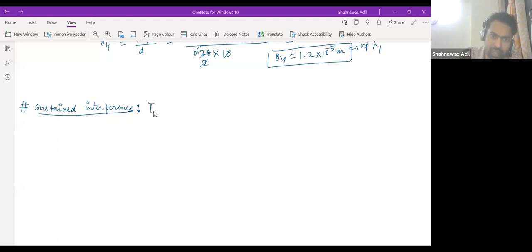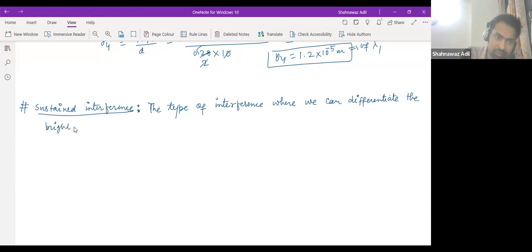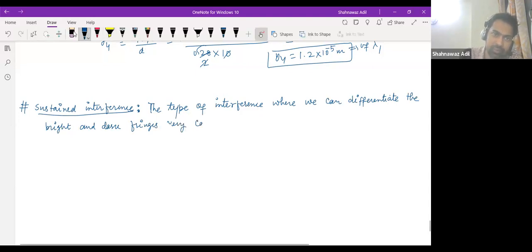So the type of interference where we can differentiate the bright and dark fringes very clearly, and whose intensity does not vary with time, right?